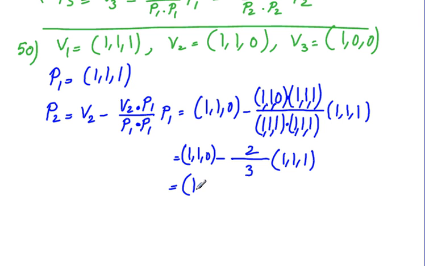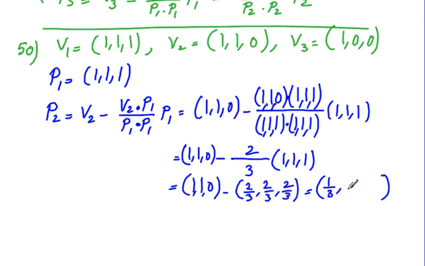So you have 1 1 0 minus 2/3, 2/3, 2/3. So what is that? 1/3, 1/3, minus 2/3. Is that right? That's our P2.